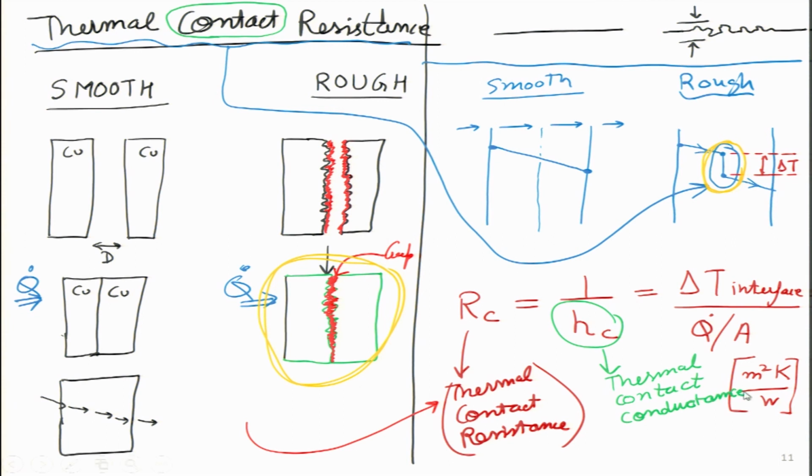So, this is the thermal contact conductance, and the other one is thermal contact resistance. These things we will continue and figure out in the future lectures. It is a very interesting concept.